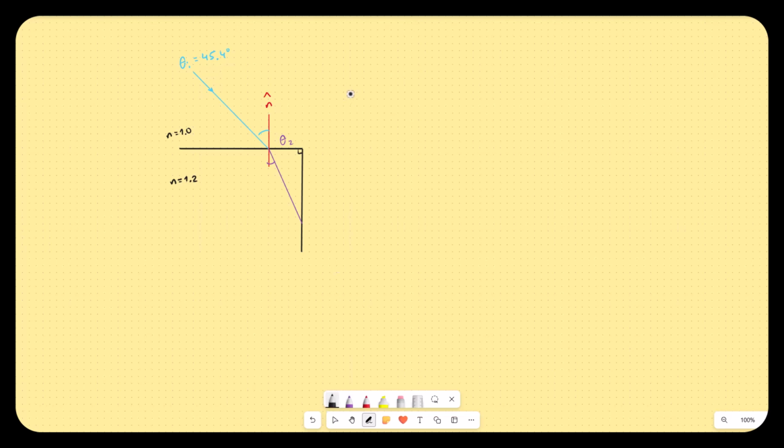I do know n1 sine theta 1 equals n2 sine of theta 2, so my theta 2 is going to be the inverse sine of n1 sine theta 1 over n2, and I can plug in those values. 1.0 times the sine of 45.4 degrees, admittedly kind of a goofy number, over 1.2, and I come up with a theta 2 that is 36.4 degrees.